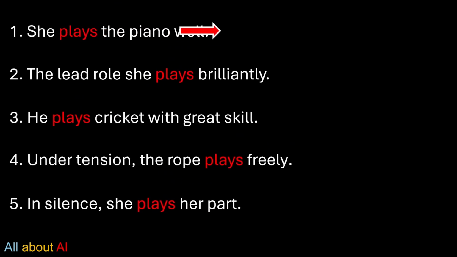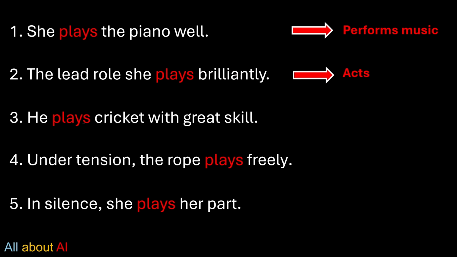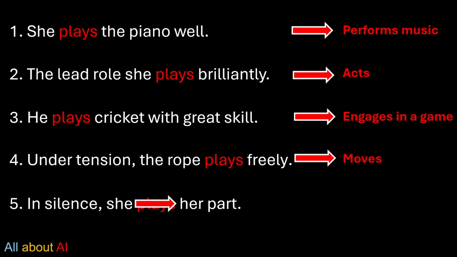In the first sentence, plays means performs music. In the second one, it's about acting. The third one talks about playing cricket as a game. The fourth one is about the moving of a rope. And the fifth one is about fulfilling a role or duty.